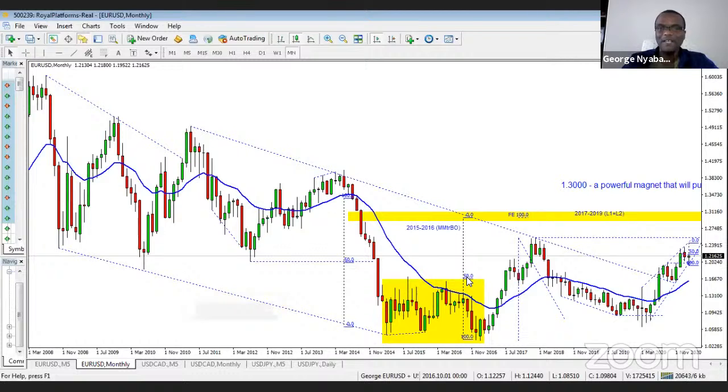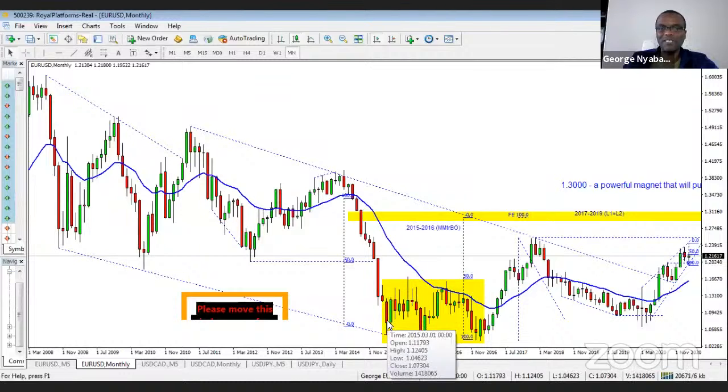So in this case, it should be breaking out of this trading range, and the measured move is right here. That measured move is one thing that I always mark and keep there. This is the TRBO measured move, trading range breakout. So the 2015, that whole period, 2016 trading range, measured move will be there. So I leave that there.